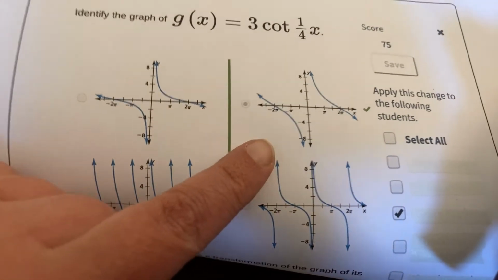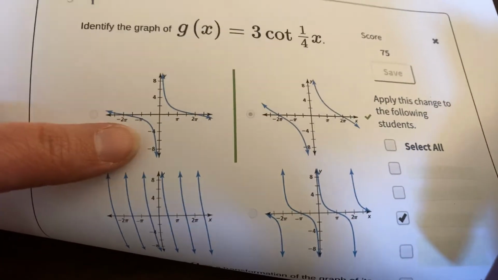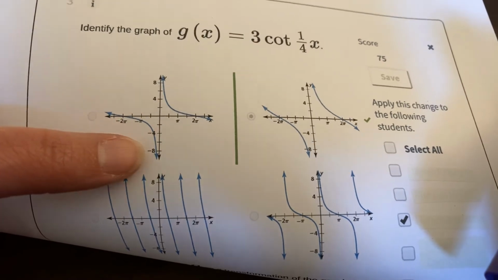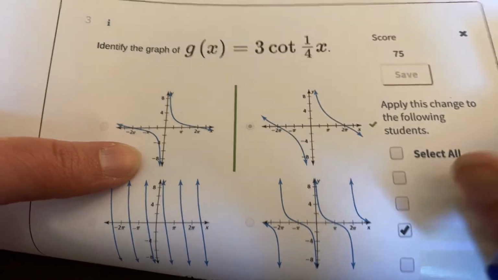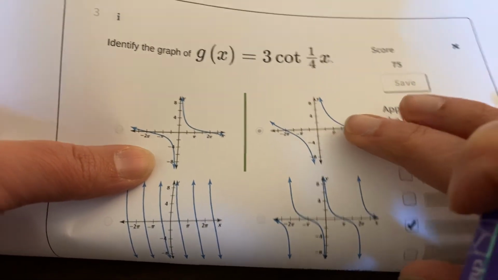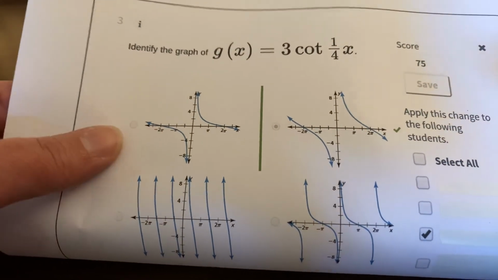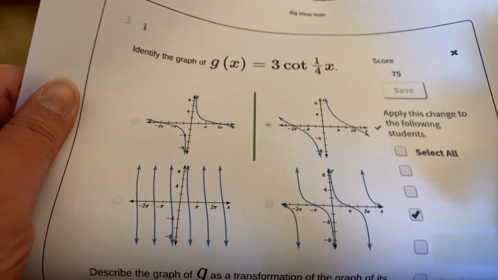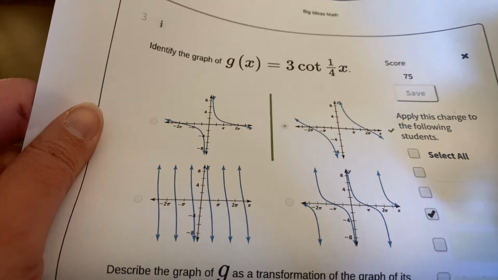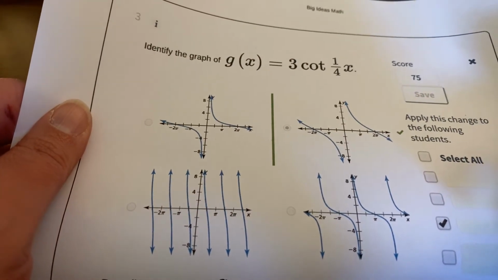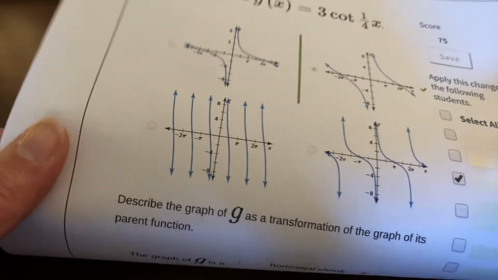And how is this one different from this one? I think that this one does not account for the vertical stretch, and this one does. If you notice at pi, it's up maybe around 3. But that one is a hard one to recognize on the computer and figure out which one is which.